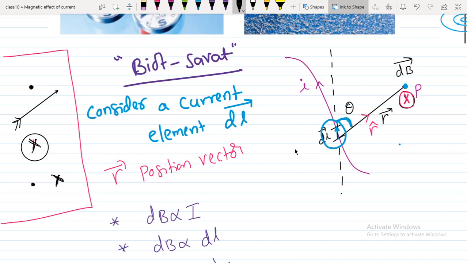So the dot represents the magnetic field coming out of the page. We see the back of the arrow as a cross, so the cross represents the magnetic field going inside the page. Following the same convention, the screw is advancing into the page. That's why we represent the magnetic field direction here with a cross mark.